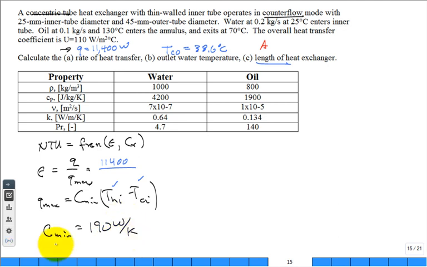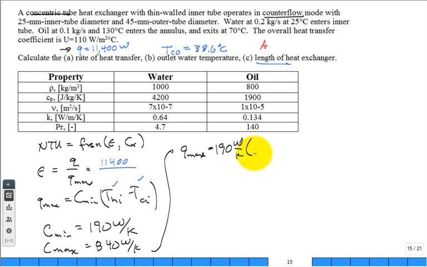C max was 840. And so I can calculate Q max, which is 190 watts per Kelvin times the temperature difference. The hot coming in is 130 minus the cold coming in at 25. And the Q max comes in at 19,950 watts.